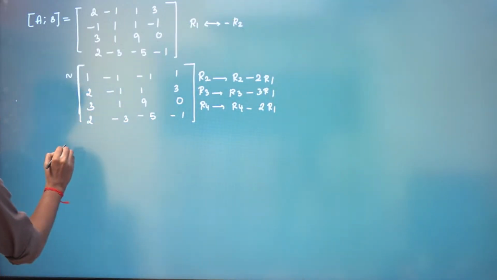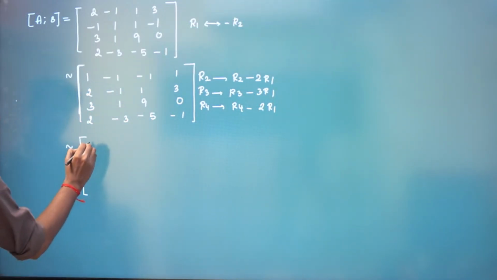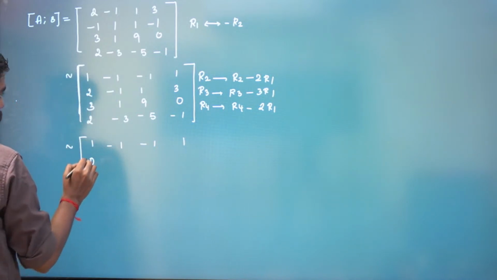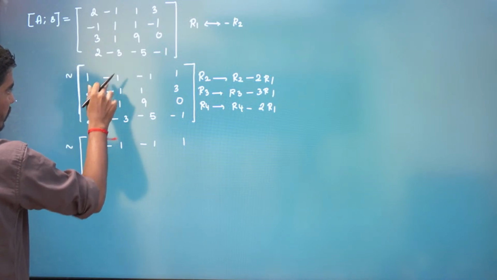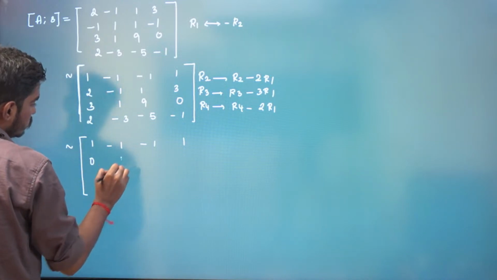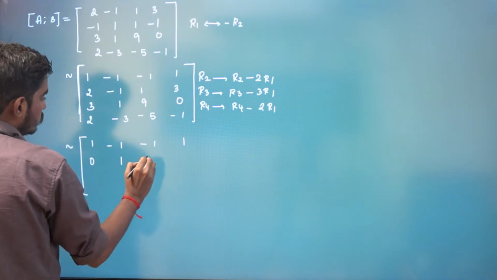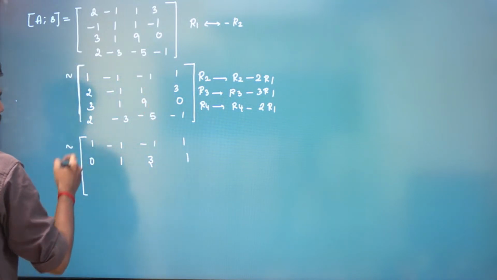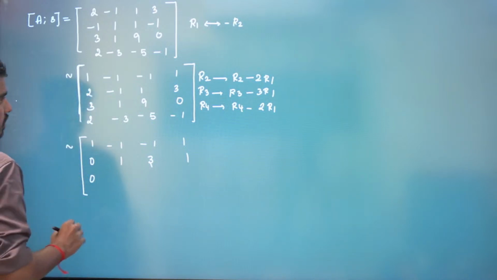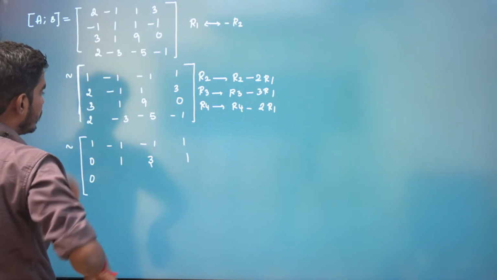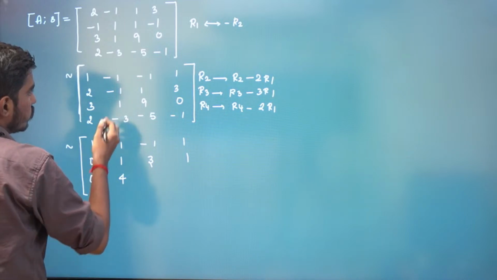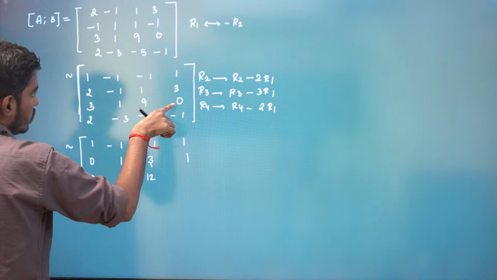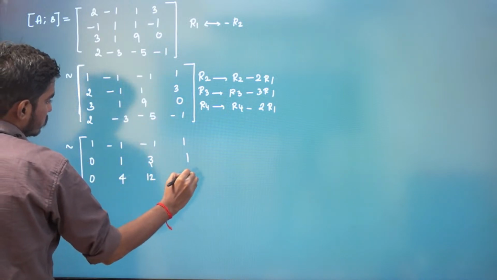So this reduces to 1, minus 1, minus 1, 1. So this will be 0. Minus 1 plus 2 is 1. 1 plus 2 is 3. And here we have 3 minus 2 is plus 1. R3 minus 3 times R1: so 1 plus 3 is 4. 9 plus 3 is 12. 0 minus 3.